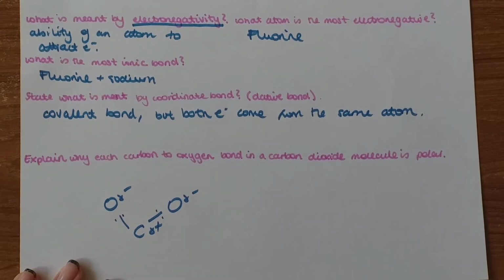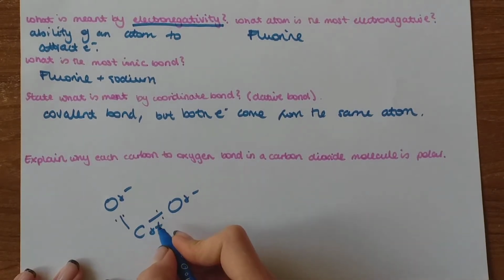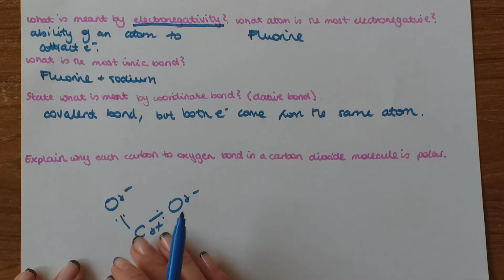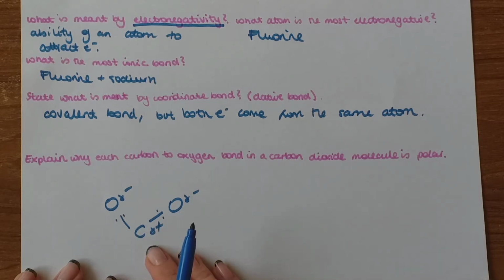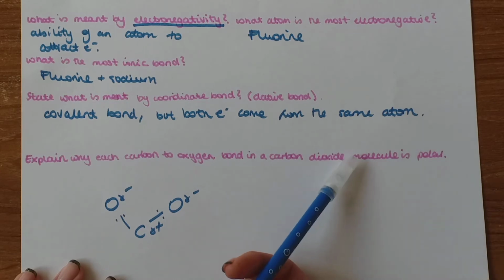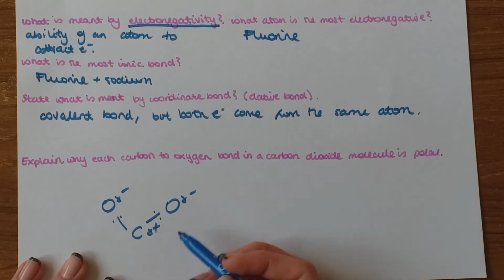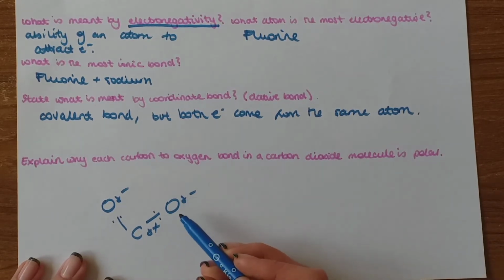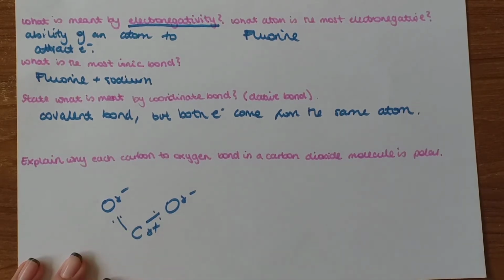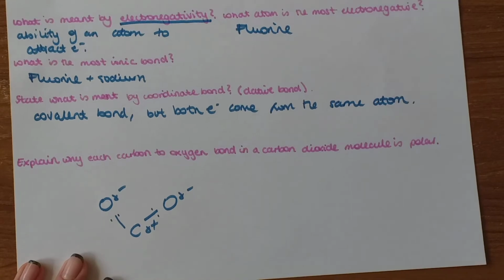So in carbon dioxide, there is an unequal share of electrons, and oxygen atoms have bigger control over the electrons. This can be figured out by calculating the electronegativity. So the electronegativity difference is so big that the covalent bonds become polar.